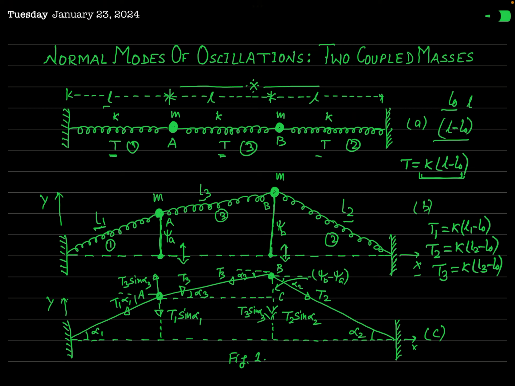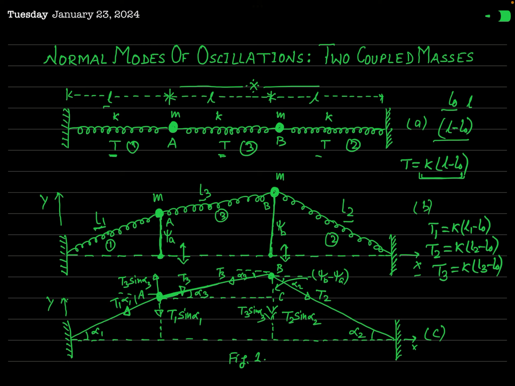Actually, these forces acting on the masses A and B, I have shown in this figure C in this free body diagram. You can see the tension developed in spring 1, that is T1, will act on A in this direction, as you can see in this figure. And the tension T3 developed in the third spring acts on this A in this direction, as I am showing here.